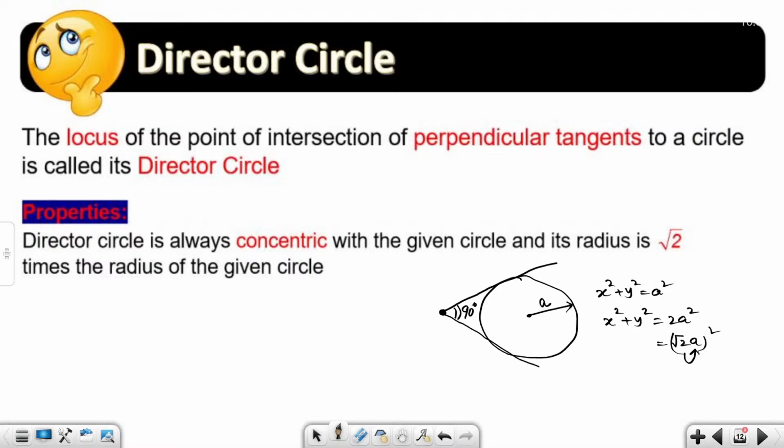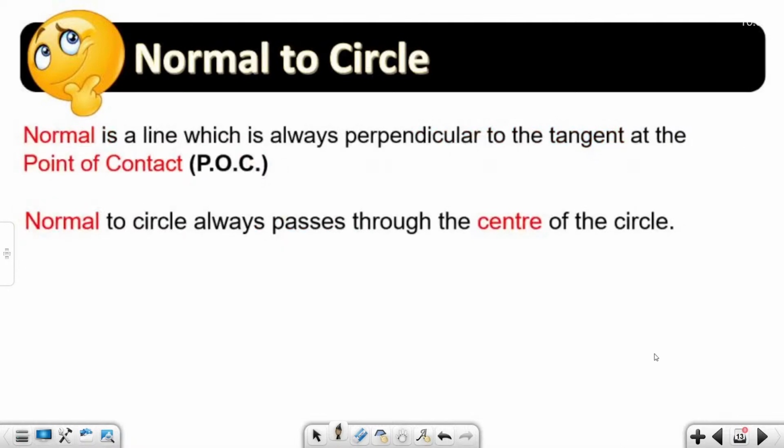Okay. So now let's start with our new topic for today's class, which is called normal to a circle. What is a normal to a circle? Suppose I take a circle, let me just draw the circle first. Now this is the circle and let us say this is a tangent.